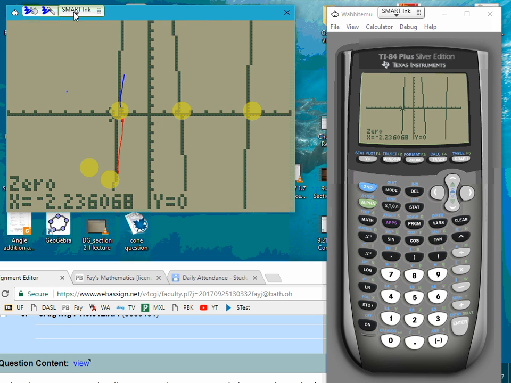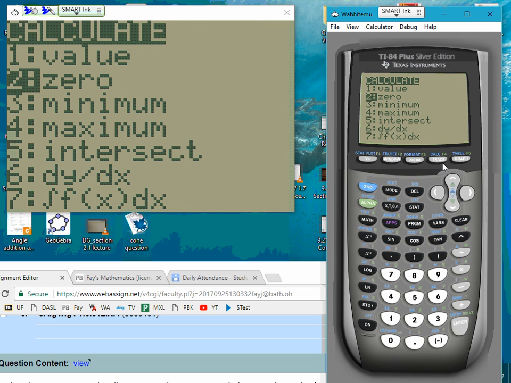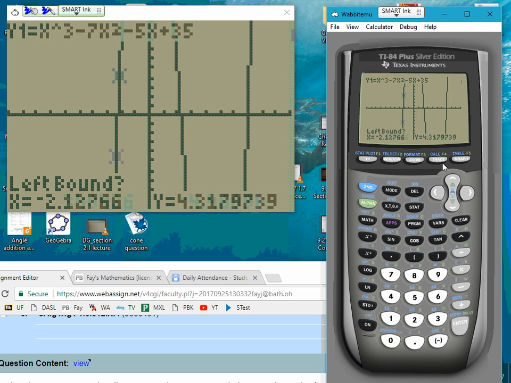Okay? The next thing we're going to do is go second calc again and just repeat the process on the other zeros. So I'm going to move my cursor to the left. I still see my x values at like 0.6 here, so moving it.